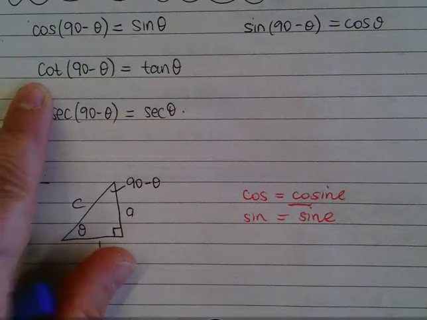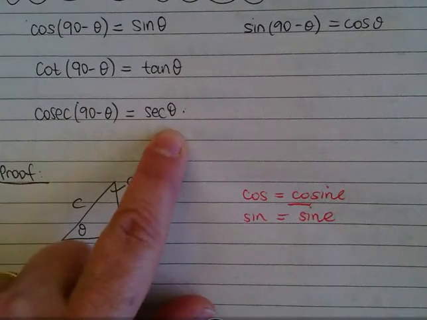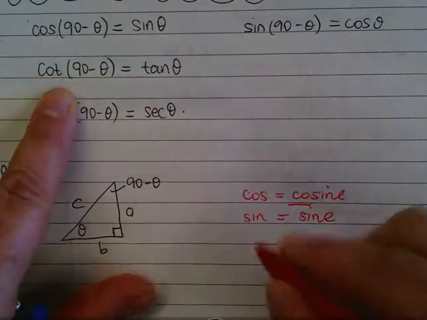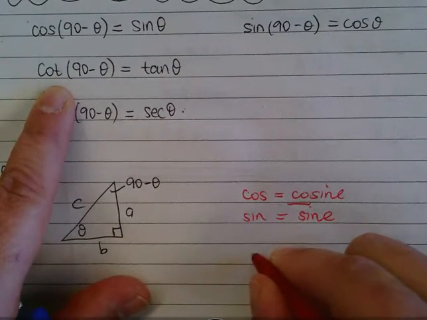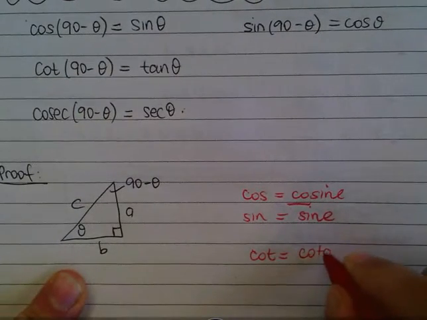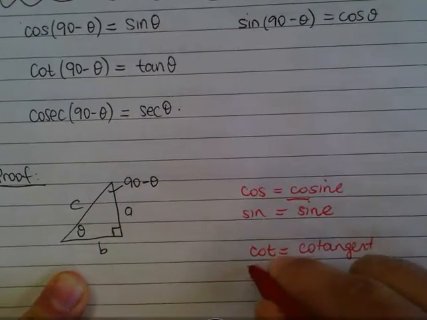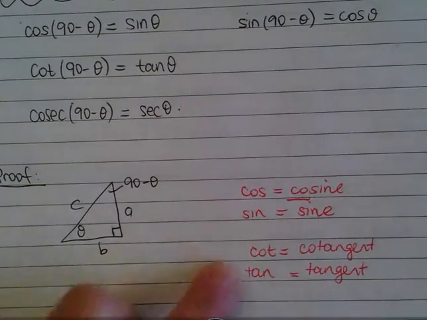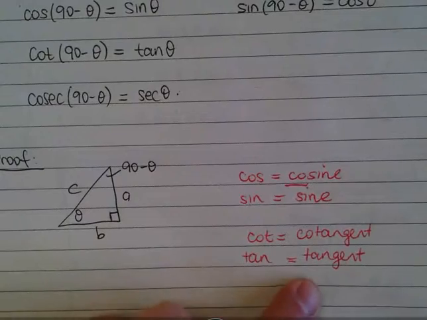Now, then cot, you can see it with cosec and sec. See the difference is the co. That one you can see quite easily. But cot actually means cotangent. So when you see the tan ratio, it really is the tangent ratio. So tan is short for tangent ratio.